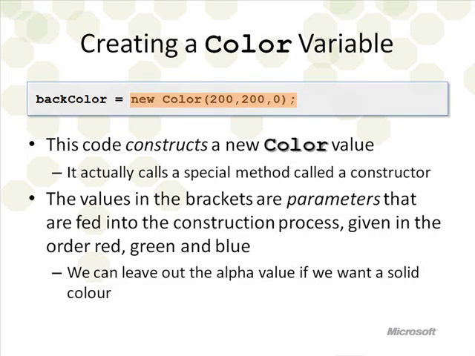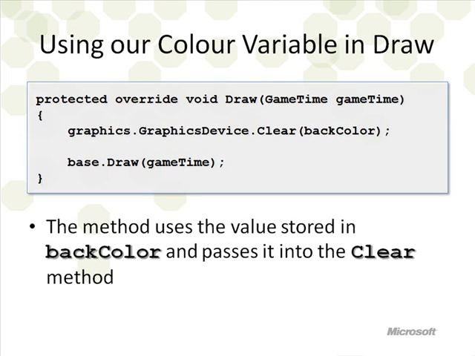So that makes me the color, and then having done that, I can then actually use my game color, my back color, in the clear method inside my draw. So now clear, rather than making everything cornflower blue, we'll use the color in our game world to actually draw the screen, and that will mean that if update starts to change the color of back color, then draw will start to draw different colors to reflect that.